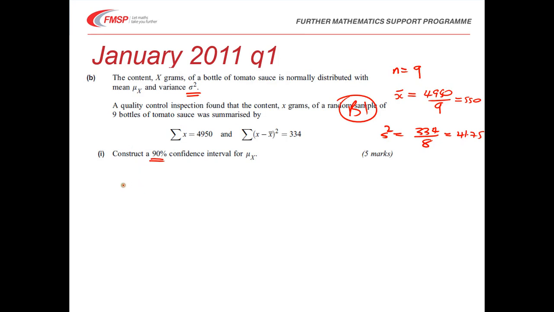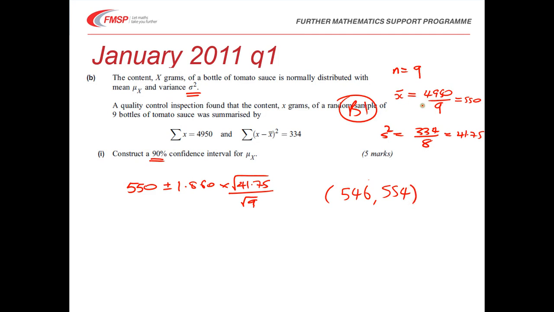So we're going to have x bar plus and minus your test statistic, 1.860, times sigma, which is root 41.75, divided by root n, which is root 9. Then we calculate that through, and that gives me a confidence interval of 546 to 554.